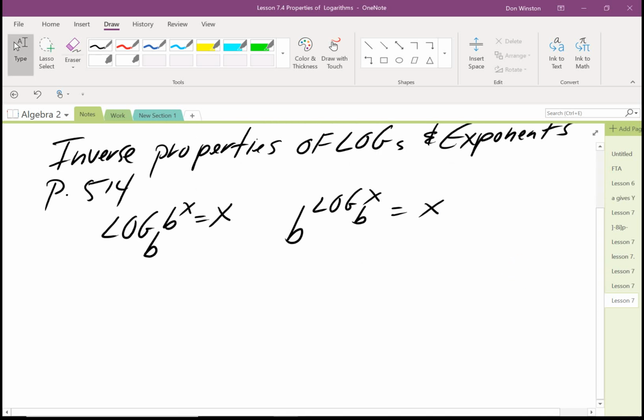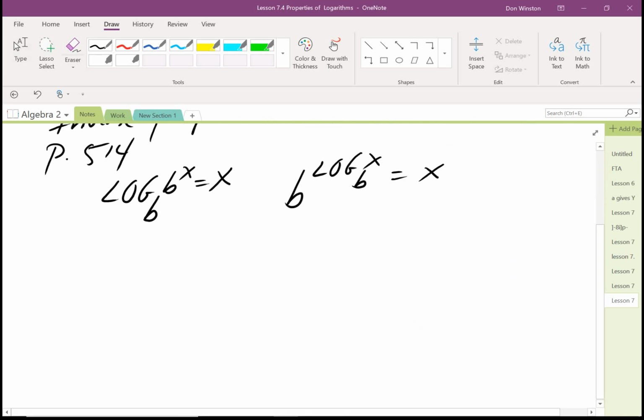Alright, so let's explore this. I'll give a graphical view of what's happening here. Let's say, just as an example, I have log base 2 of 2 raised to the 5th. Now let's take a look at function mapping.